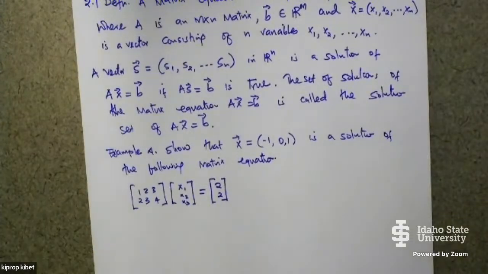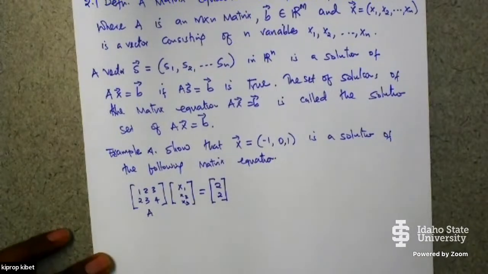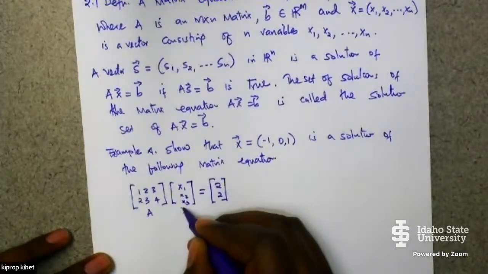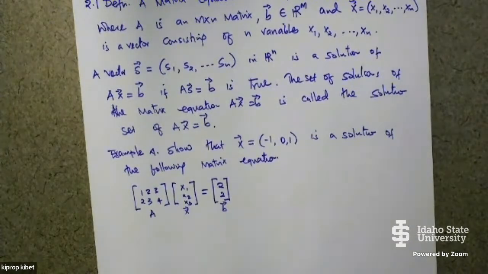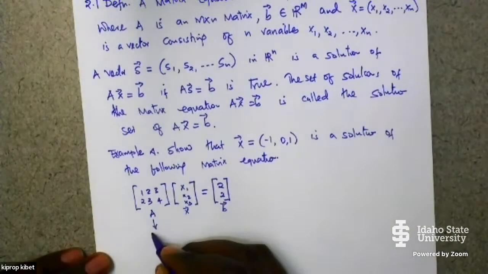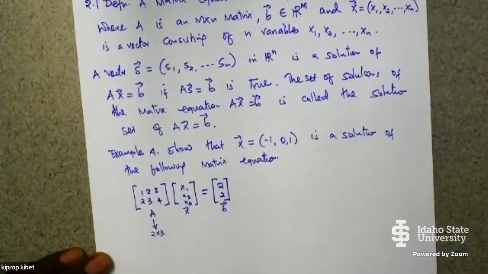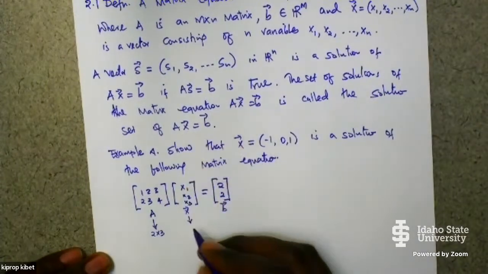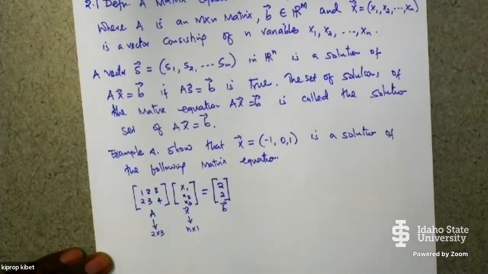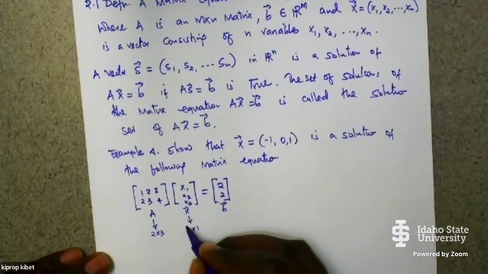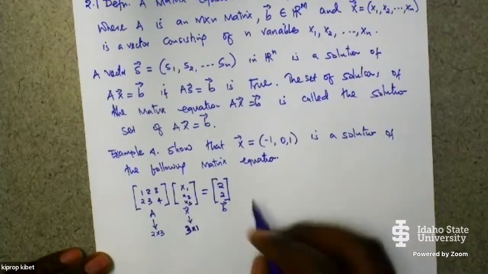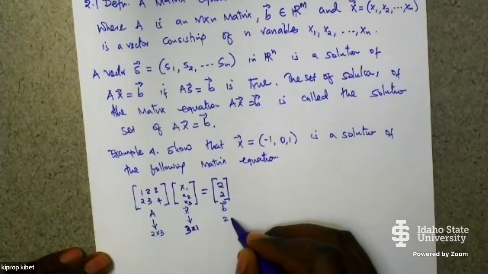So this is the matrix equation, and this is the matrix A. This is the vector x, and this one is B. The matrix A is a 2 by 3 matrix, x is a 3 by 1, and this one is a 2 by 1.